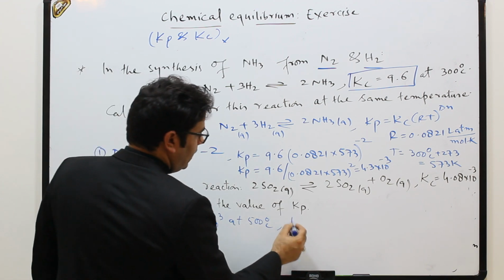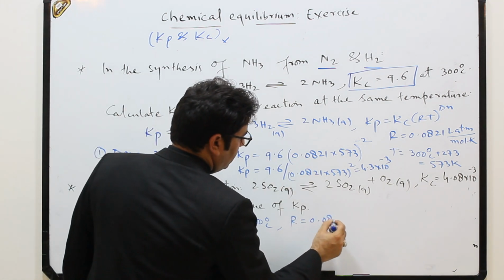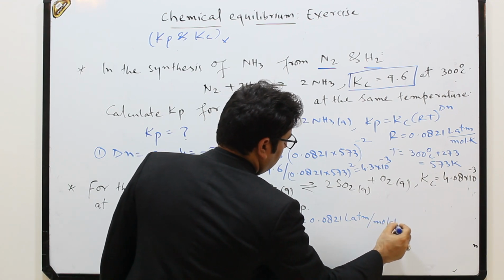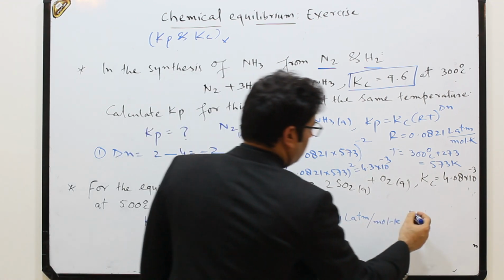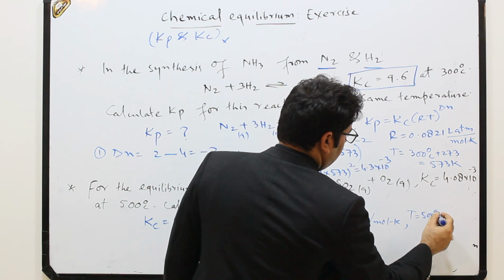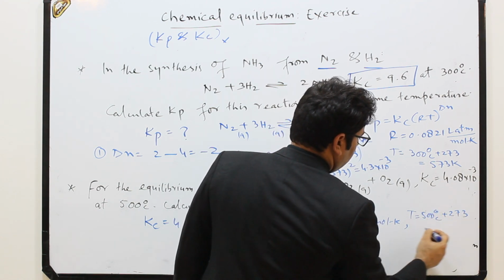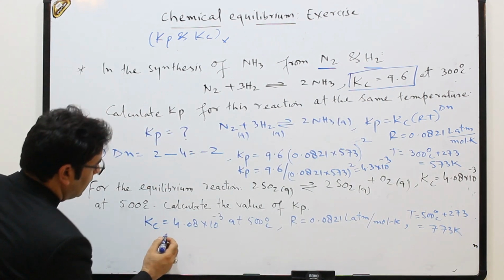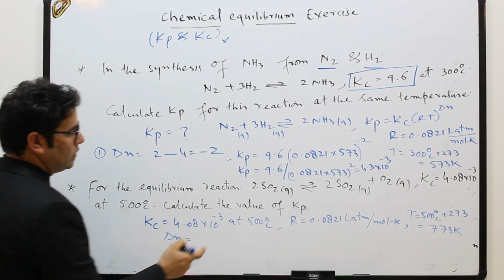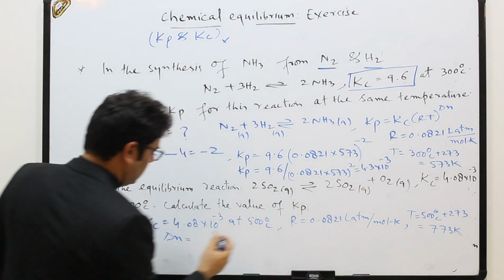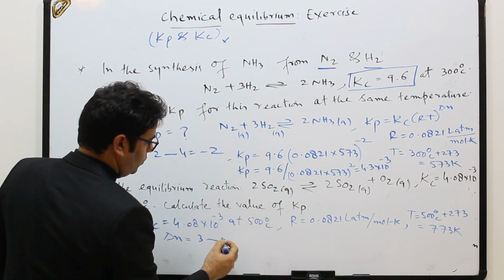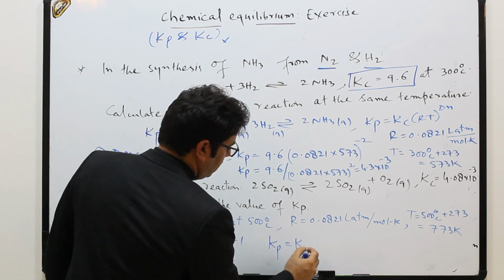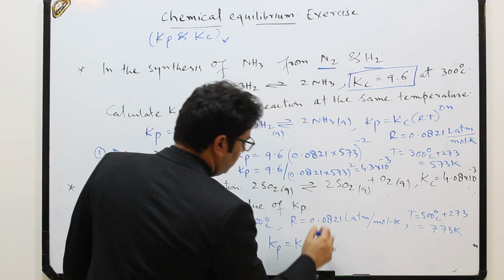R is 0.0821 liter atmosphere per mole Kelvin, and temperature is 500 degree centigrade plus 273, so it will become 773 Kelvin. Now calculate delta n. Delta n will be equal to 2 plus 1, which is 3, minus 2, so it will become 1. So Kp will be equal to Kc RT to the power 1.